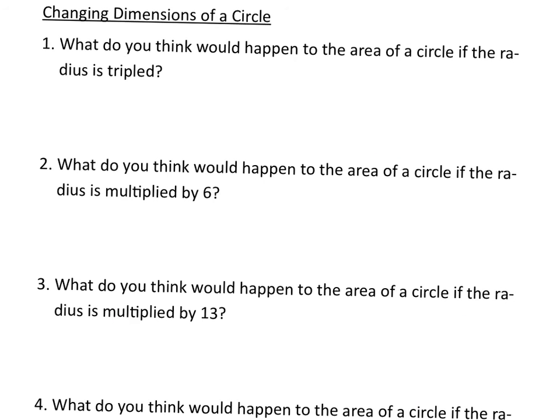Now let's examine what this actually means and why. So what do you think would happen to the area of the circle if the radius is tripled? We know that the area of a circle is pi r squared, which means 3.14 times radius times radius. So if we are asked to triple both of the radii, we could expect that the new area would be 9 times larger.